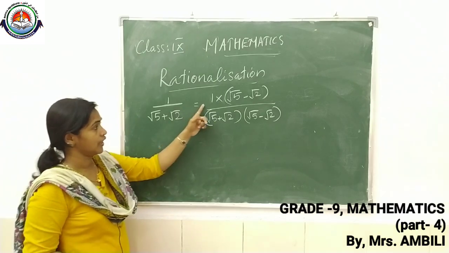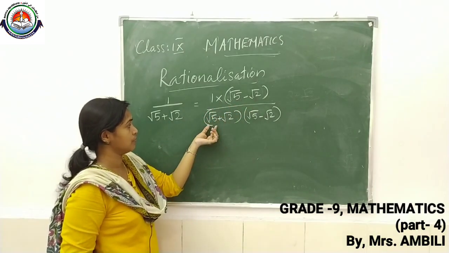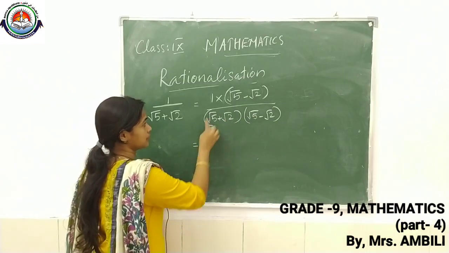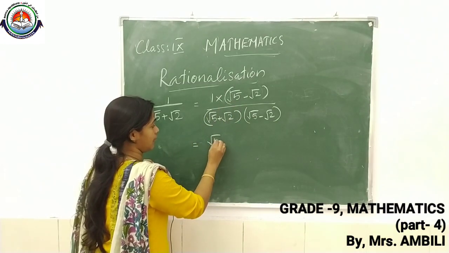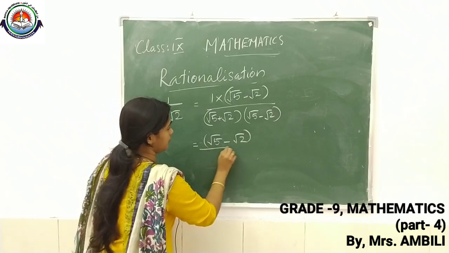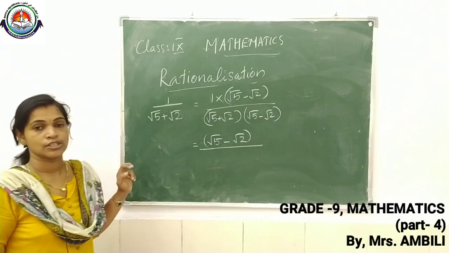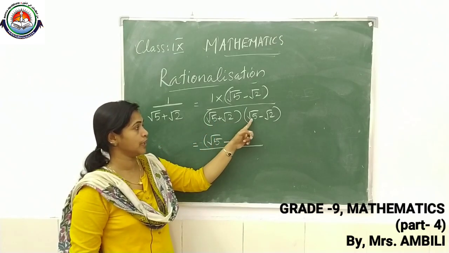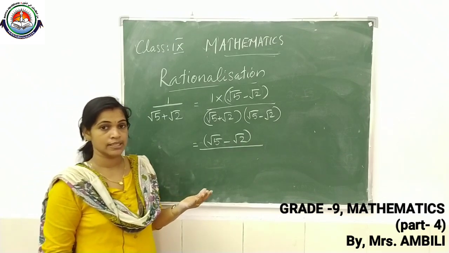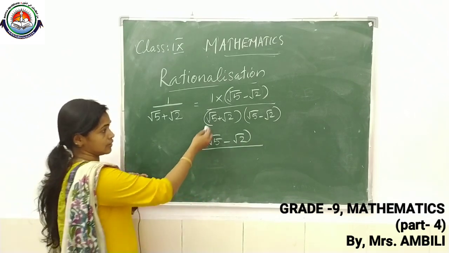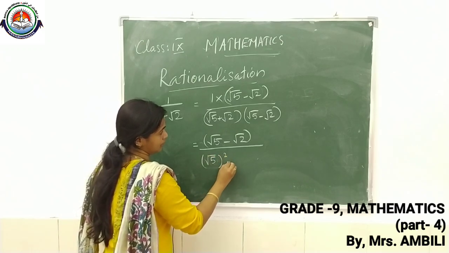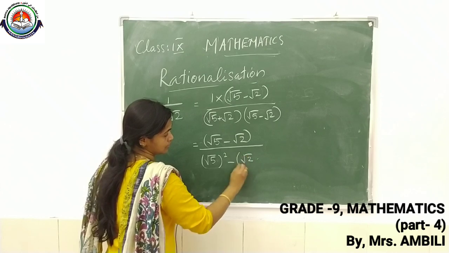So 1 into root 5 minus root 2 is root 5 minus root 2. Here also it is in the form of a plus b into a minus b, which is a square minus b square. So what is a square here? Root 5 square minus root 2 square.